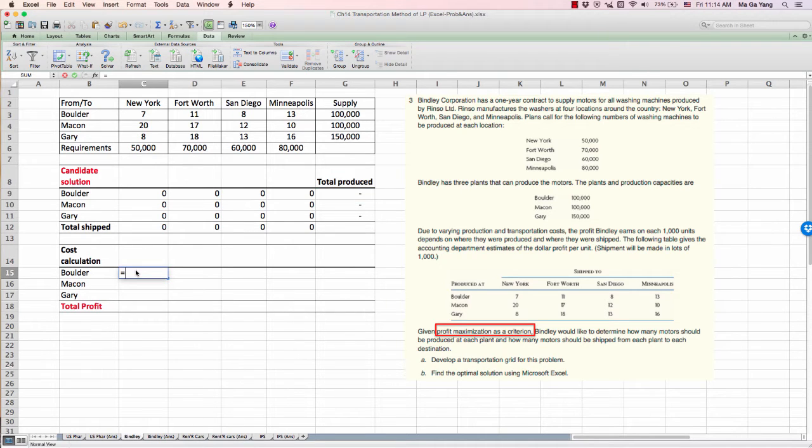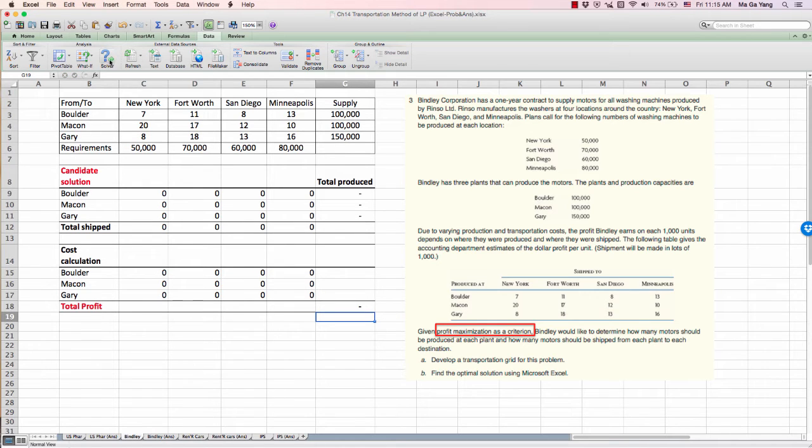Then we set up profit per unit times the units to ship. And then the final total profit is again the sum of all the profit we make.